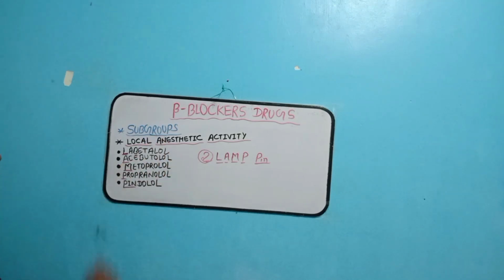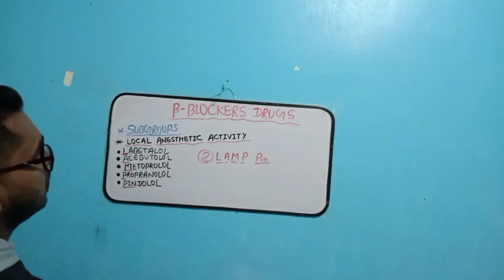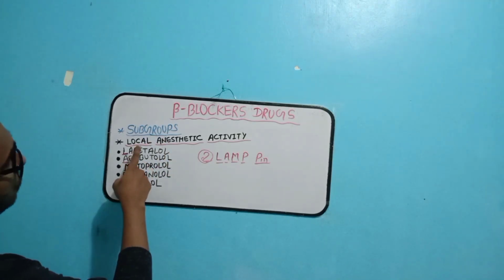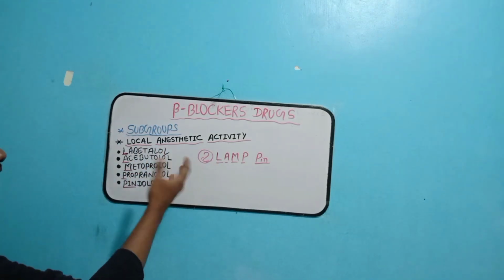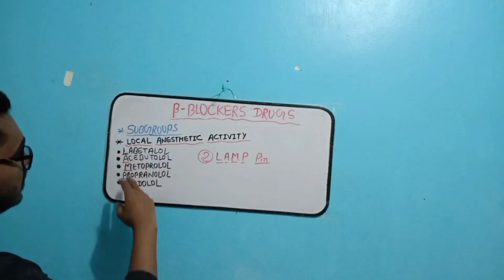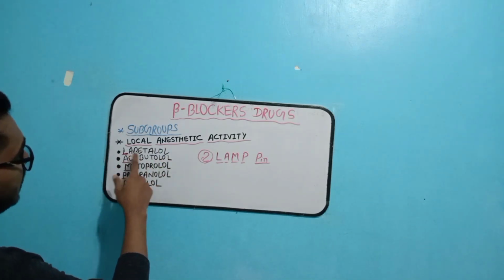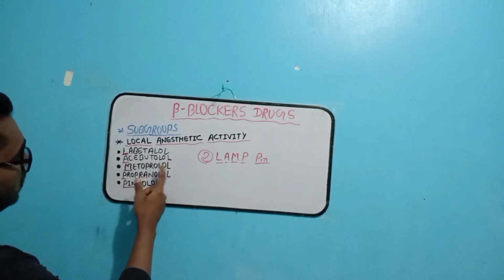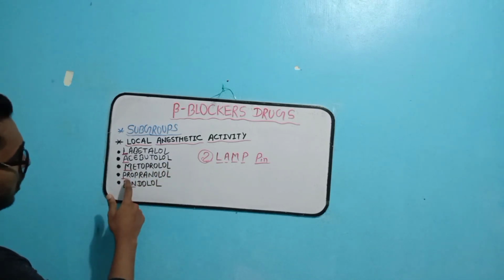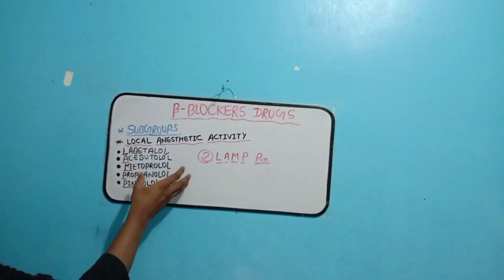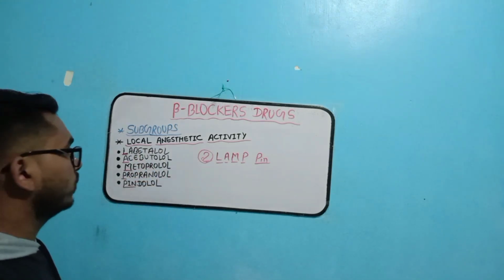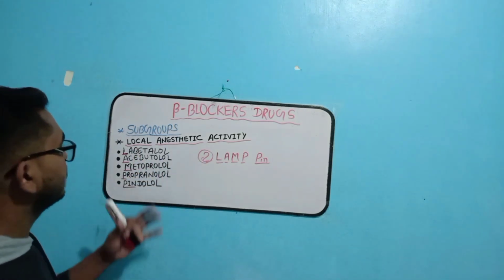Here is another subgroup of the beta blocker drugs, the local anesthetic activity. In this, all the drugs are the same as I mentioned previously, like labetalol, acebutolol, metoprolol, propranolol, and the pindolol. All drugs are already mentioned before. So there are many drugs.